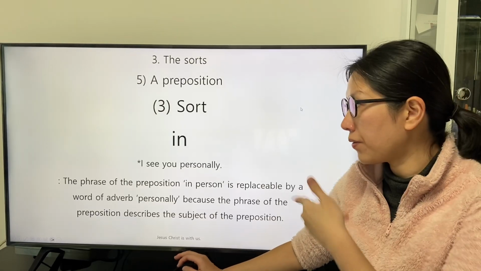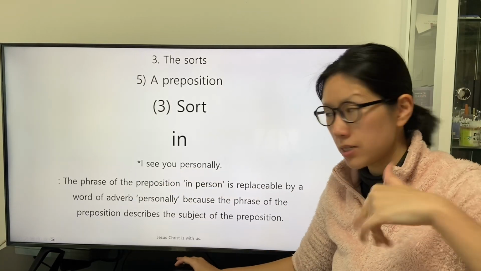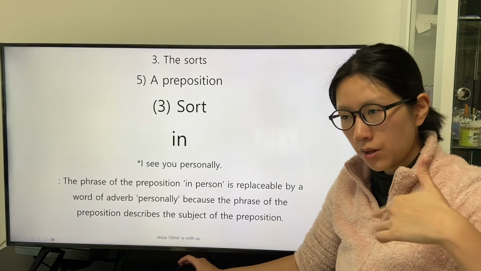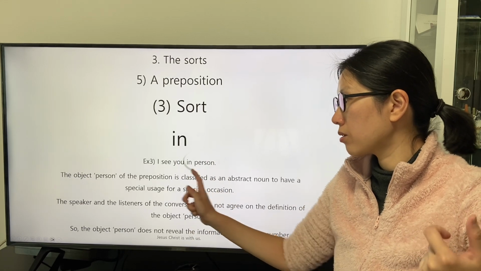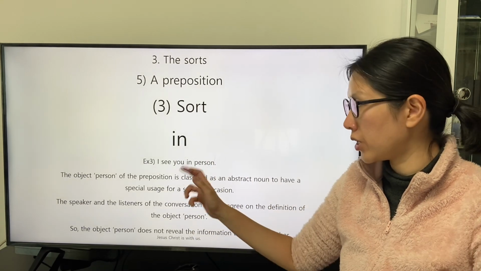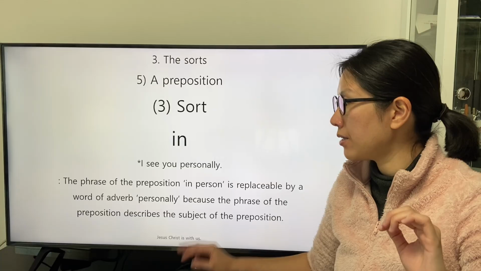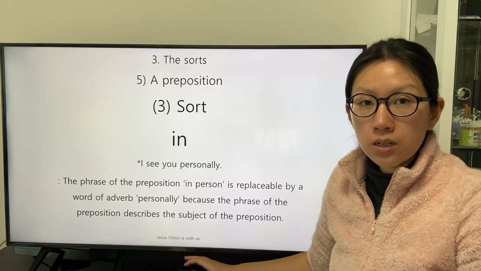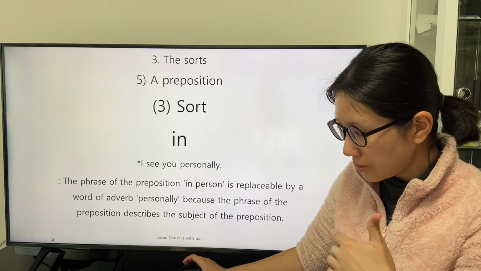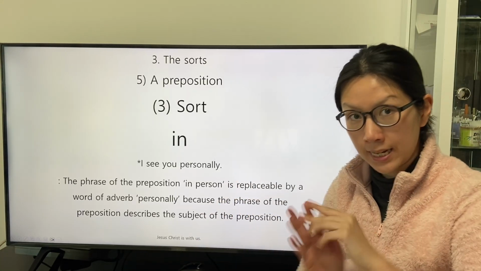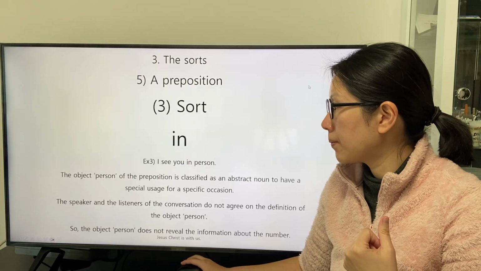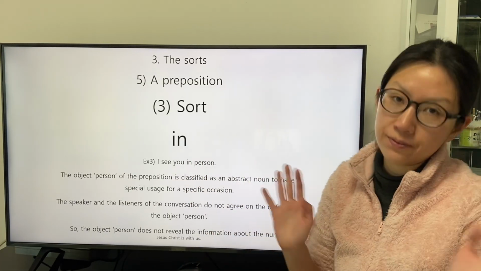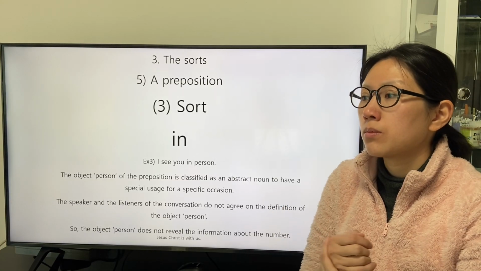There is a sentence, I see you personally. In this sentence, we can see the difference between the phrase of the preposition in person and the adverb personally. The adverb personally is classified as an adverb. The phrase of the preposition in is also classified as an adverb.